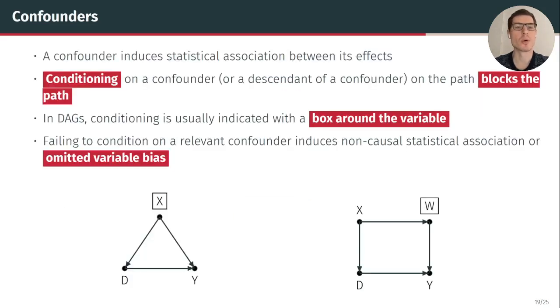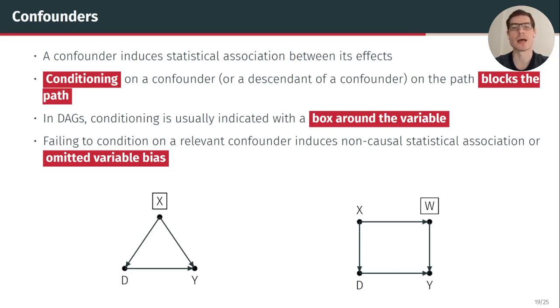So let's talk a little bit more about confounders. Confounder is probably what you are already most familiar with because that's the common thing we worry about before we start to, say, control for variables in a regression. So the idea is that a confounder induces a statistical association between its effects.